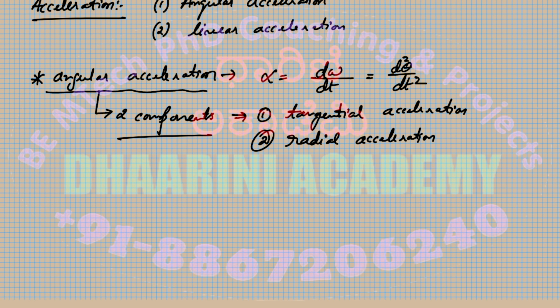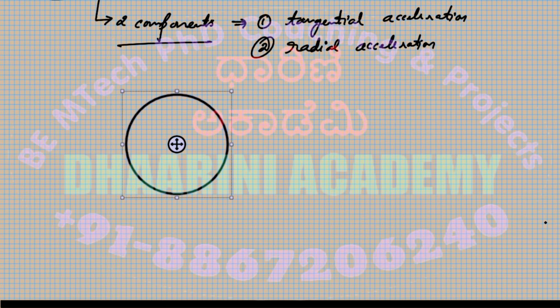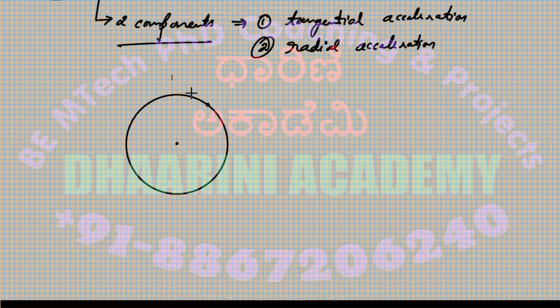Let me draw another diagram to understand. This is the circular path in which the object is moving, and the object is somewhere here. Now, the tangential component could be along either of these directions; we cannot identify the direction directly as of now. Let's give a notation: this is alpha t, or this could be the alpha t.